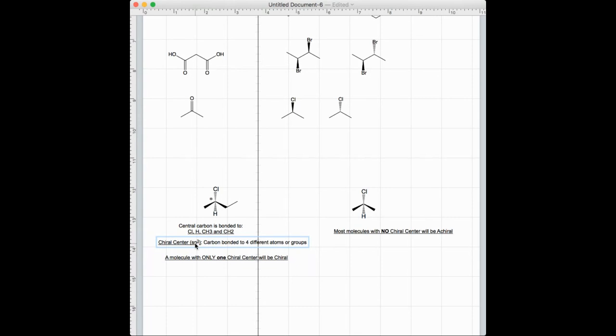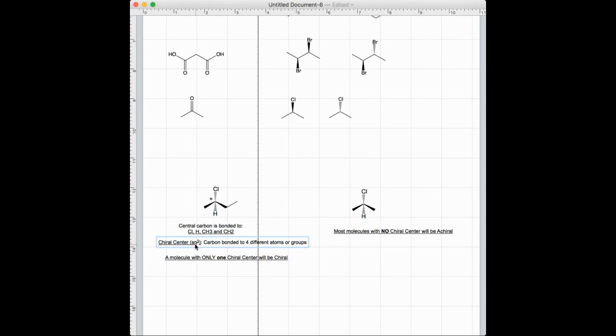So when you look at a molecule and you ask the question, how many chiral centers do you see in this molecule? You need to look at every single carbon. Remember, chiral centers can only be present in sp3 hybridized carbons, and find the carbons that are bonded to four different groups.